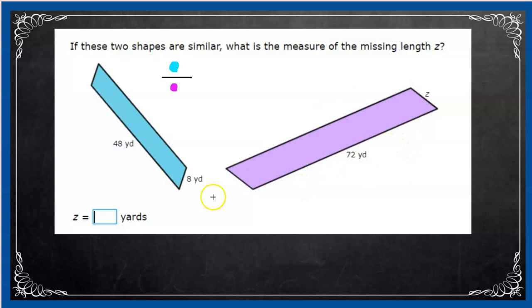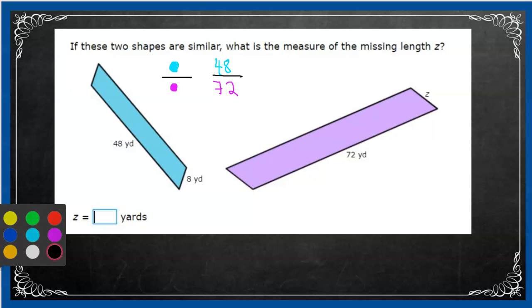Okay, so 48 and 72 correspond to each other. So that means I'm going to have a numerator of 48, and the 72 goes with that. And it does equal. Then I'm going to go back to my teal figure, my teal parallelogram, and get that 8 from there.